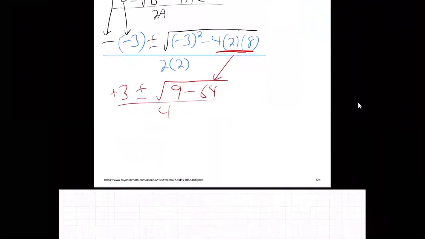And now this is 3 plus or minus, let me see, we subtract that, maybe get minus 65? No, it's 55. What am I doing? Better use my calculator. 9 minus 64, that's negative 55, right? Let me double check. Yeah, right. Over 4. All right, are we good so far?